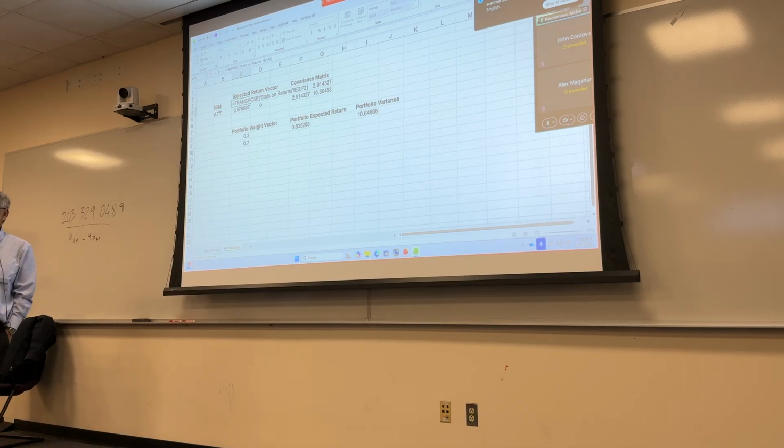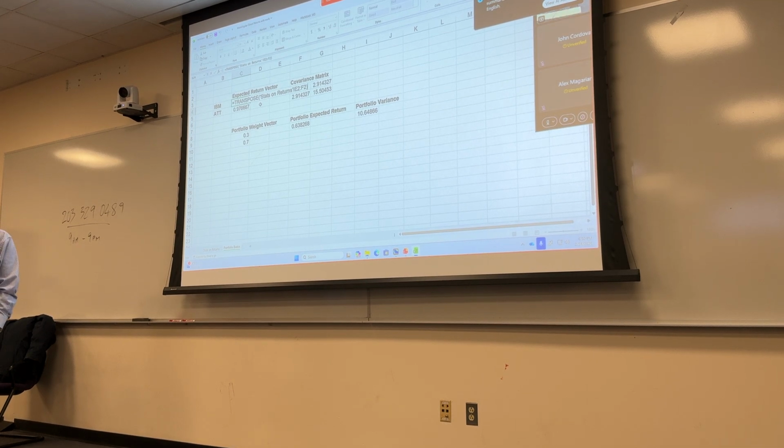So equal transpose, open parenthesis, select the row of expected returns, and then close parentheses. All right, let me see by a show of hands again, who got there? Okay. I'm going to assume all of us got there. So now we have the vector of expected returns.